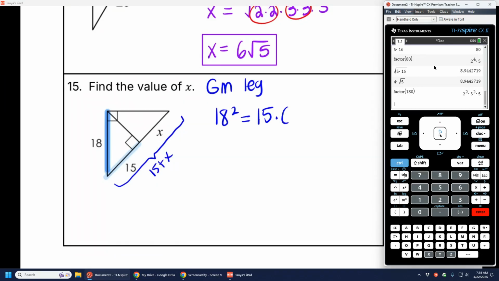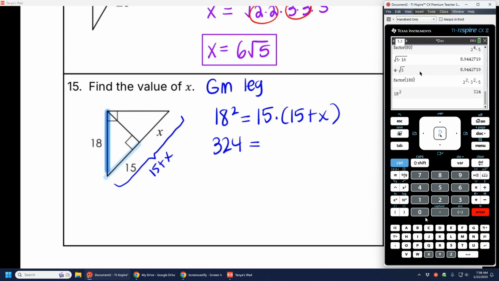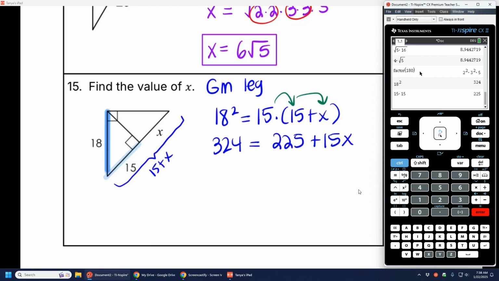So times 15 plus x. 18 squared gives me 324. Then here we're going to need to distribute. 15 times 15 is 225. And then 15 times x is 15x.